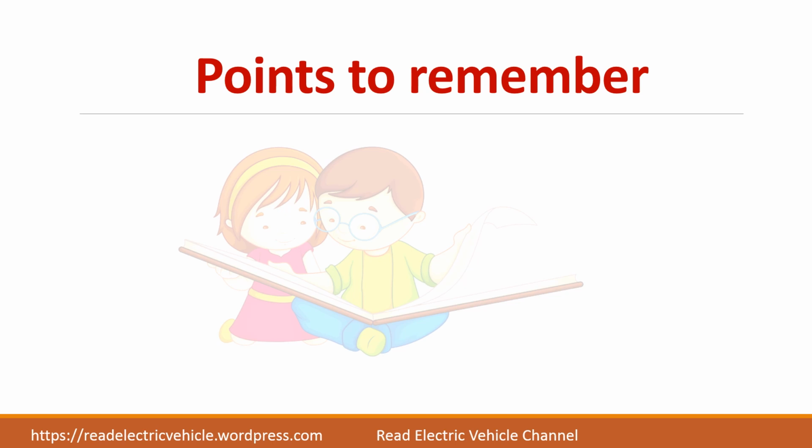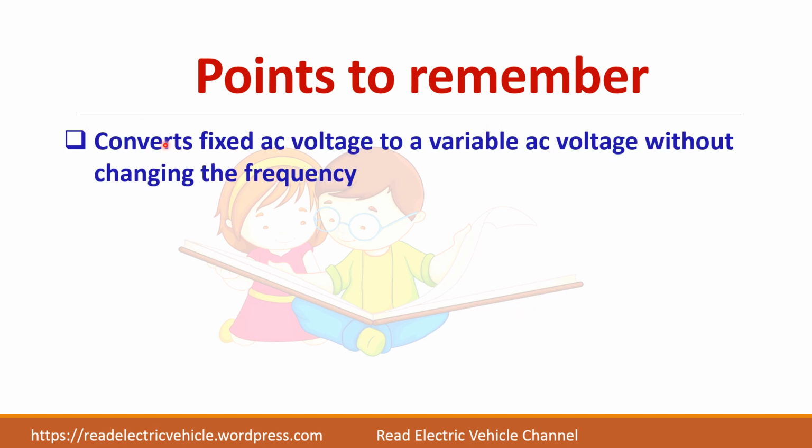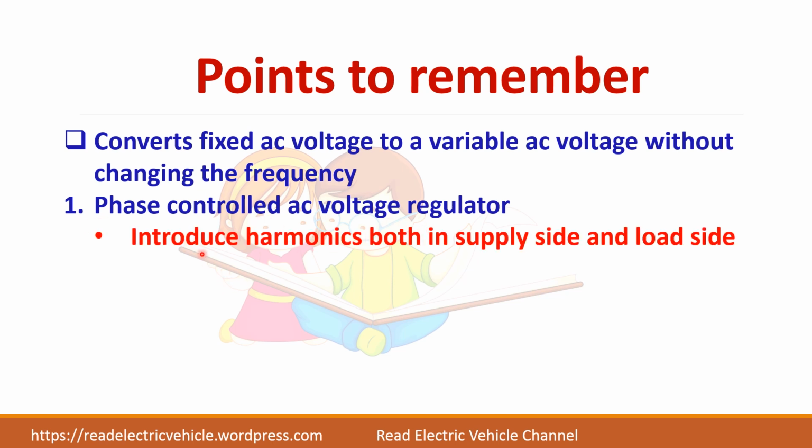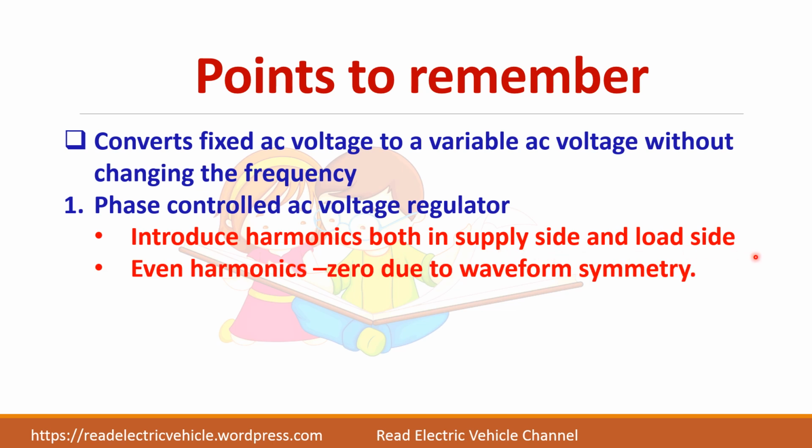So the points to remember here are: an AC voltage controller converts fixed AC voltage to a variable AC voltage without changing the frequency. There are two types. One is the phase control AC voltage regulator, which introduces harmonics both on the supply side and load side, and it has only the odd harmonics because even harmonics and DC component will be 0 due to the waveform symmetry.